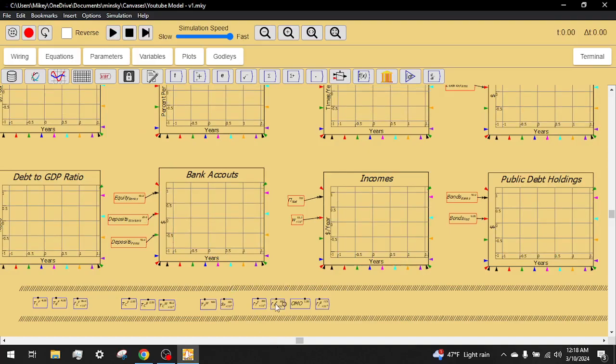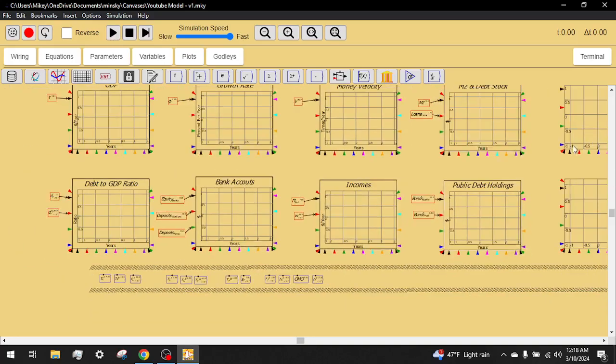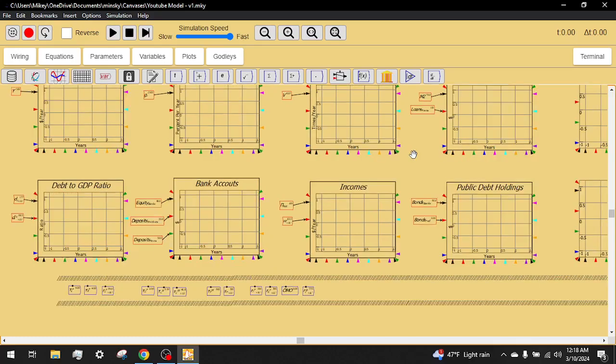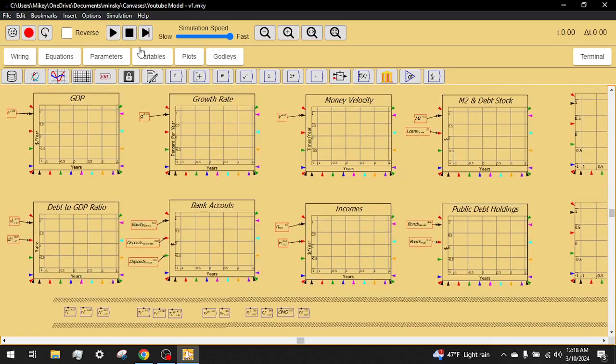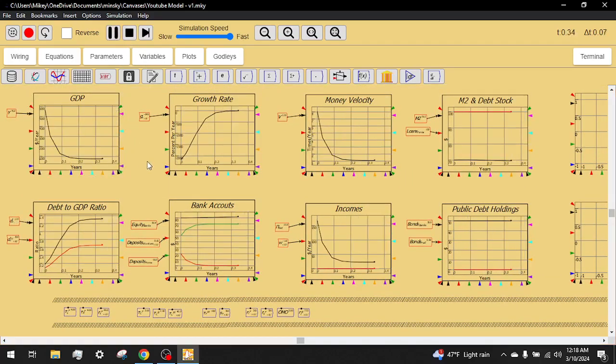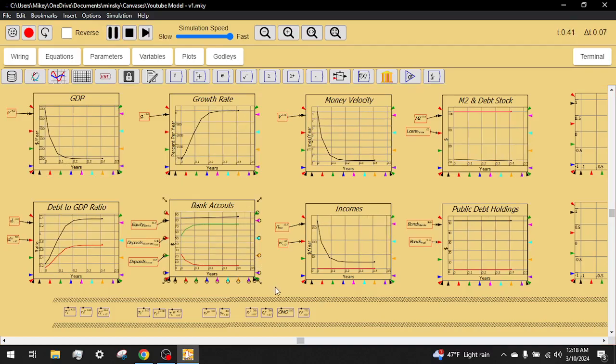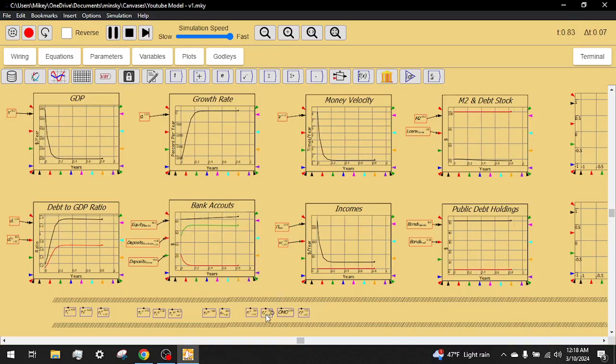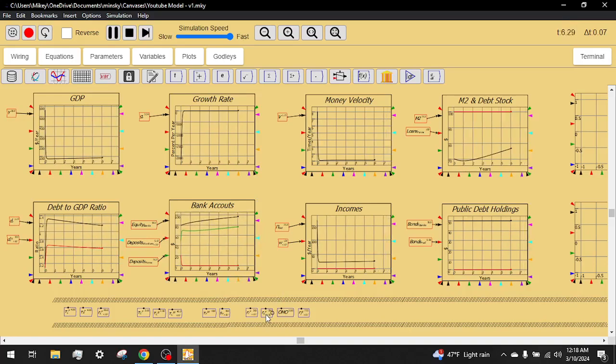Okay, so we're starting with the balanced budget, starting with the open market operations at 0. Okay, we will run the simulation starting with the balanced budget. Okay, so here is the balanced budget. Now we're going to run a deficit by increasing spending.